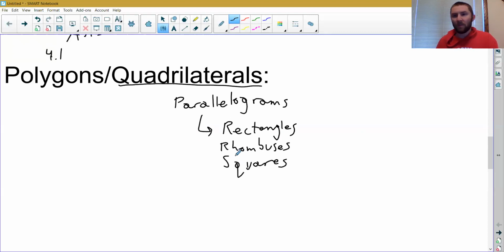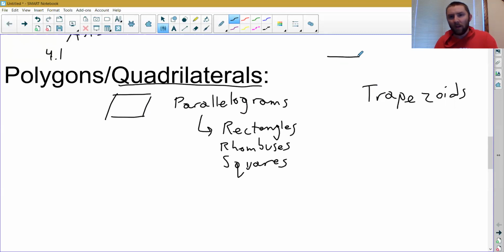Okay, rectangles, rhombuses, and squares. And then we also looked at trapezoids. And trapezoids, remember, have just one pair of parallel sides. Parallelograms had two pairs of parallel sides. Trapezoids, just one. Those were both called bases, right? And then the other two were called legs.